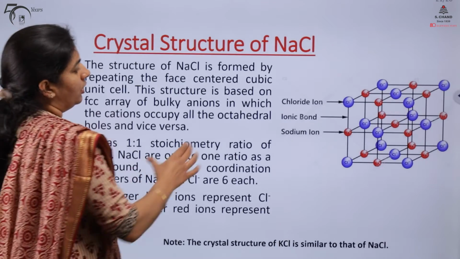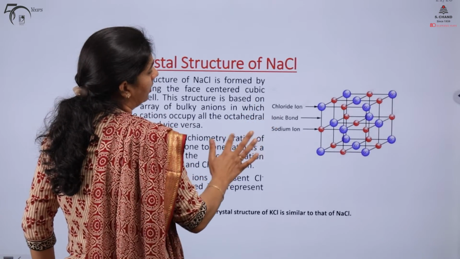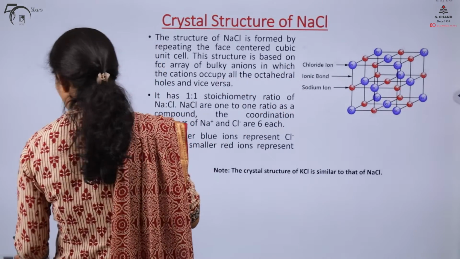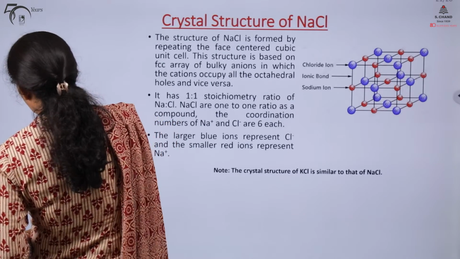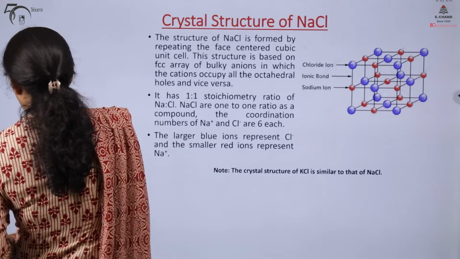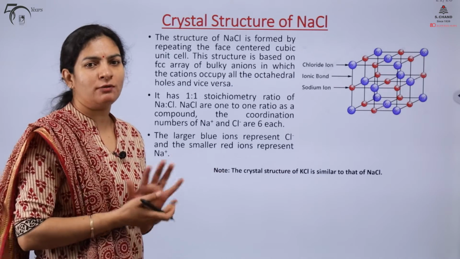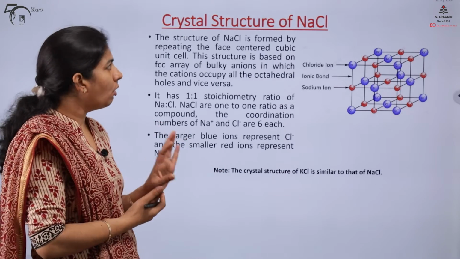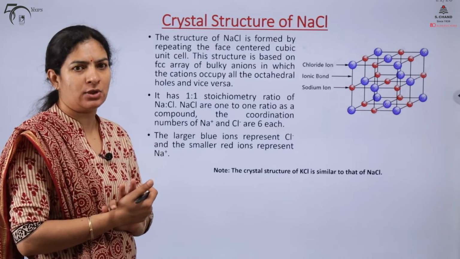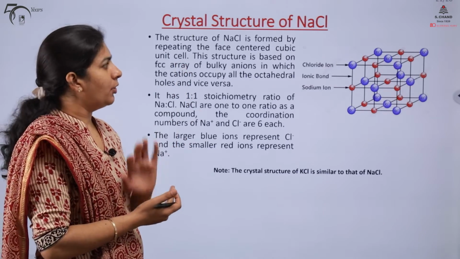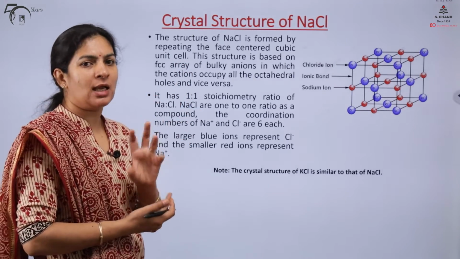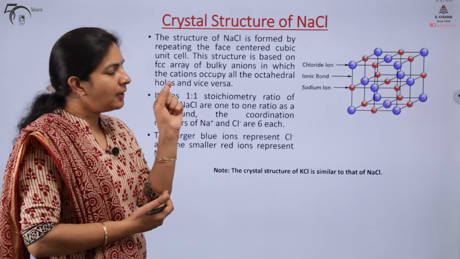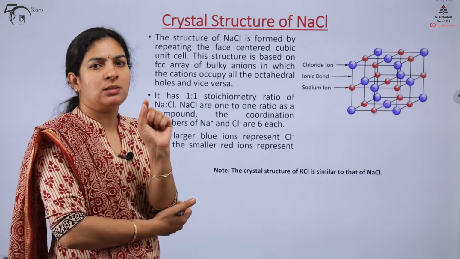So now, having understood the basic concepts which were used in understanding the structure of these solids, let us take a particular example of the solids, right? Let's take the example of NaCl. Understand how a single crystal of NaCl looks.